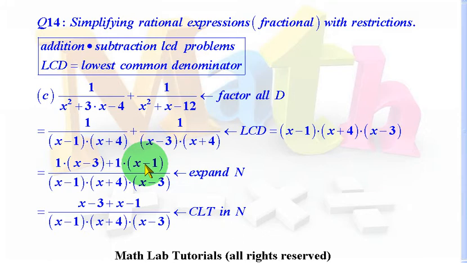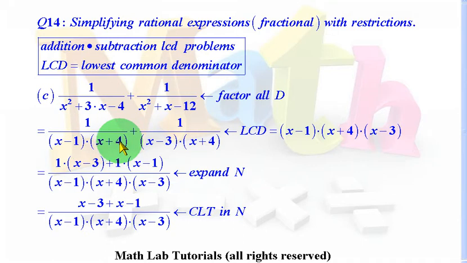Now the idea is to fill in the bins, we have to do LCD divided by the original denominator. When you do the LCD divided by the original, what's left over here is an x minus 3.